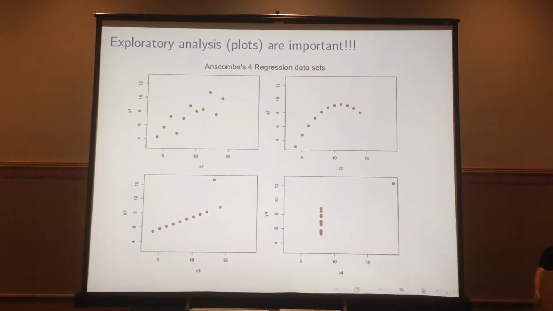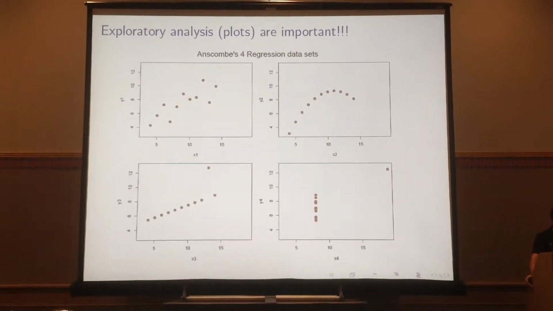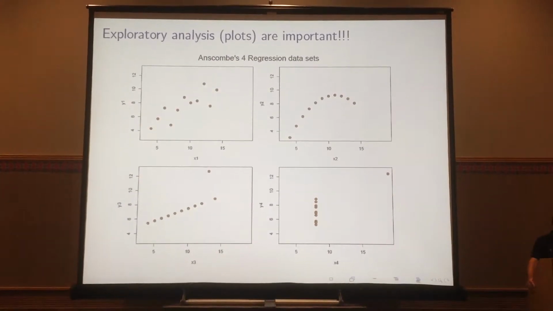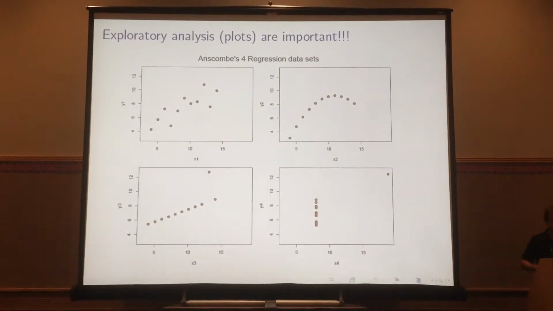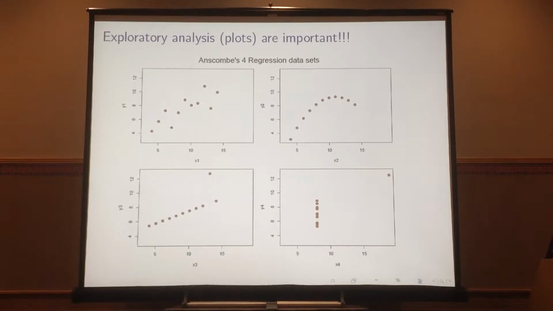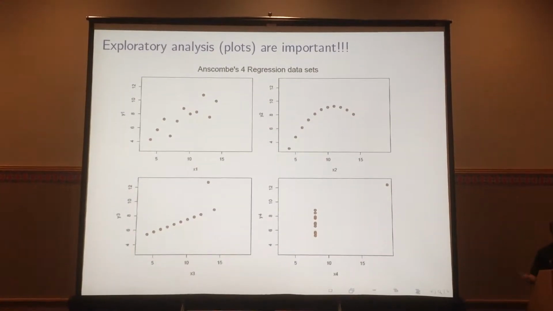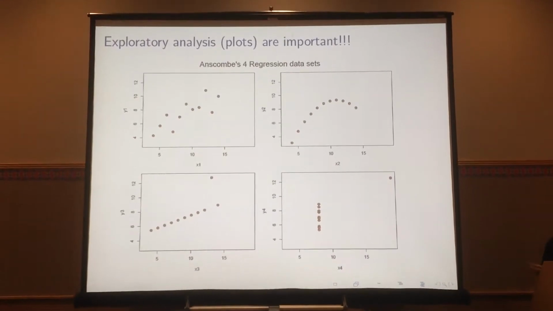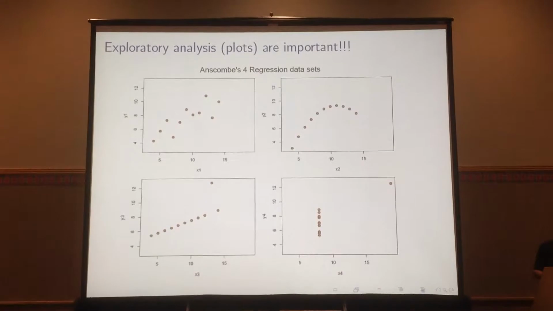So this is the famous textbook example of Anscombe's quartet. It's four little data sets, just two variables, x and y, and just looking at them, each tells a very different story about the relationship between these two variables.